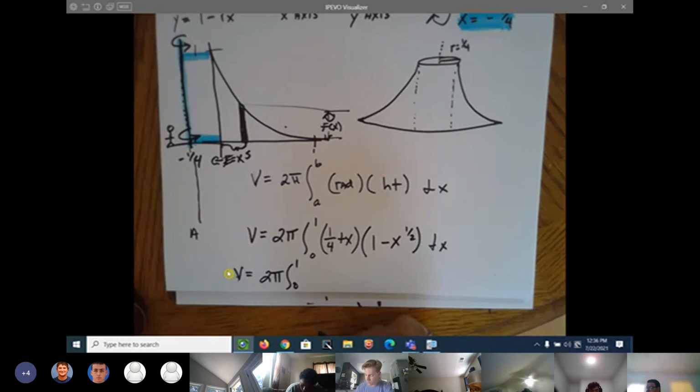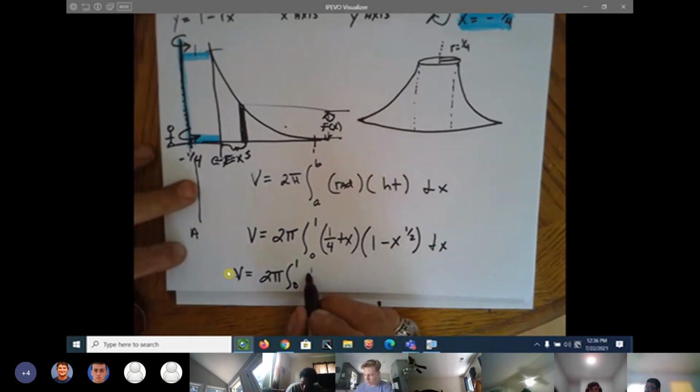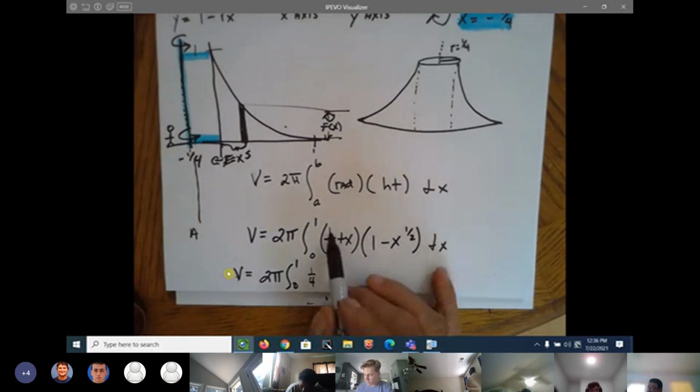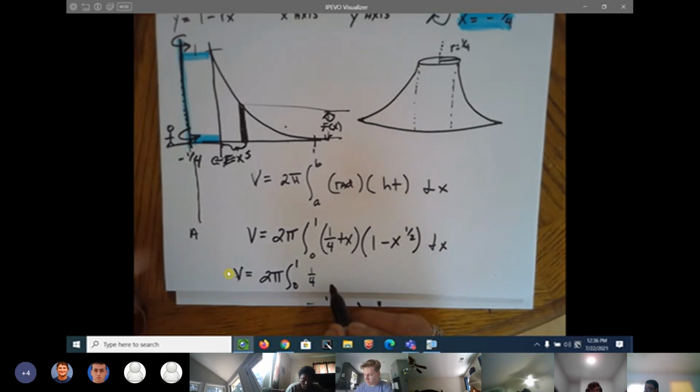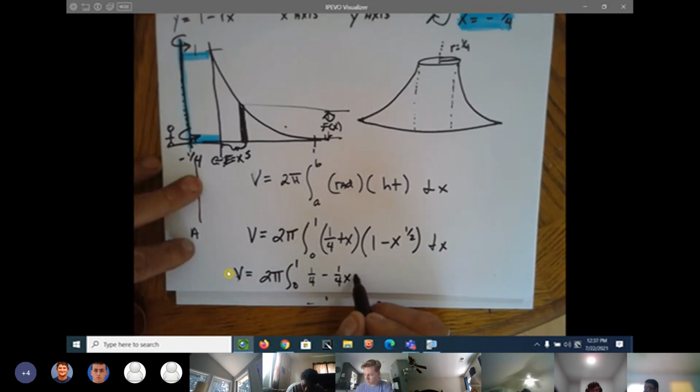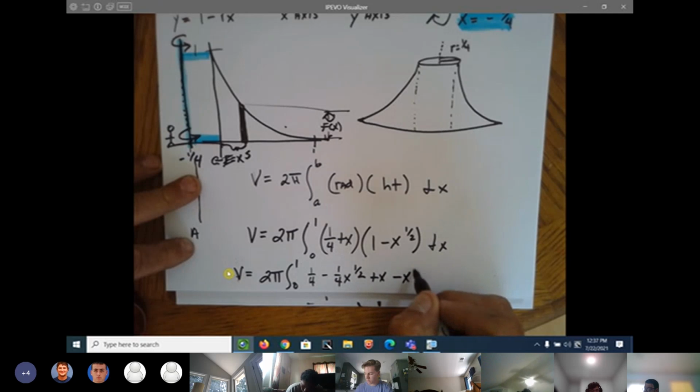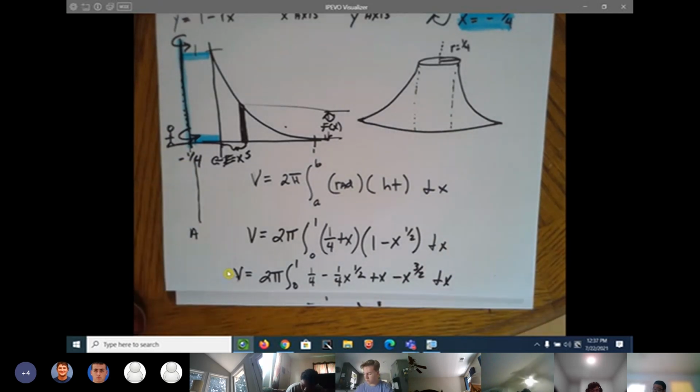What's 1/4 times 1? 1/4, Hubert. 1/4, negative 1/4 x to the 1/2, x, minus x to the 3/2. Okay, now you can take your antiderivative.